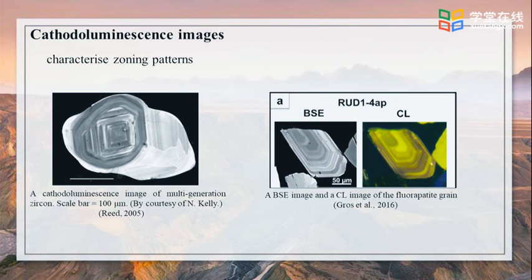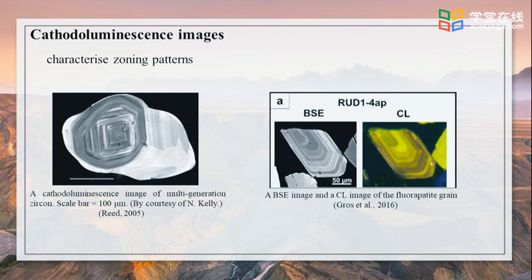Although backscattered electron images usually show similar general features, CL images often reveal finer details. Cathodoluminescence images are used to characterize zoning patterns of zircons and different groups of detrital zircons in sediments.